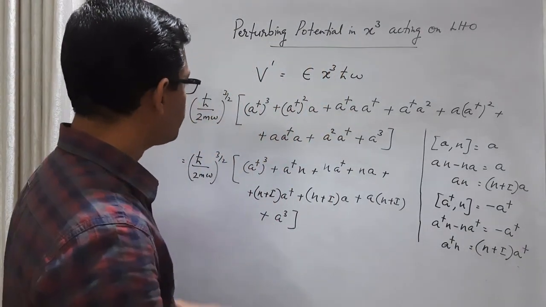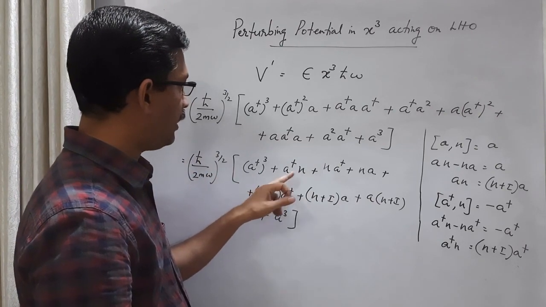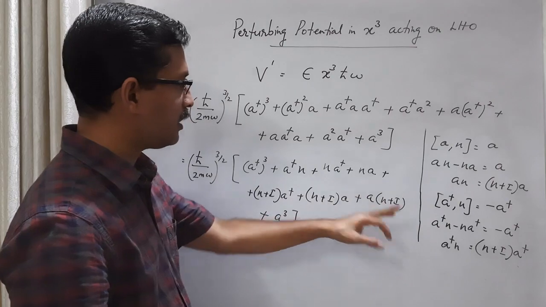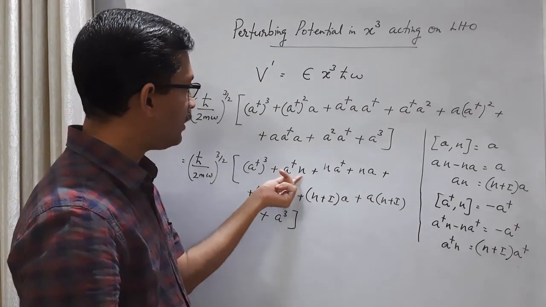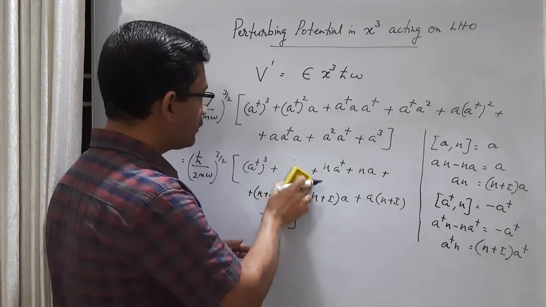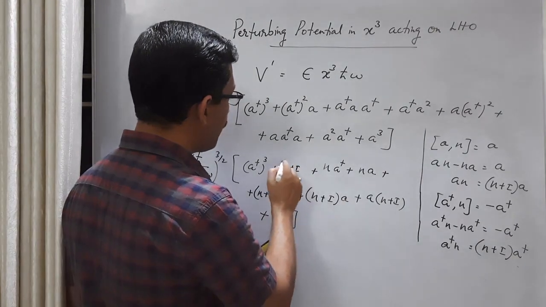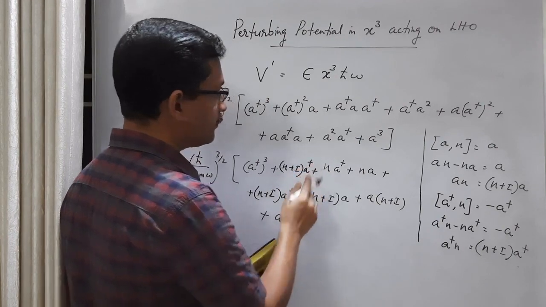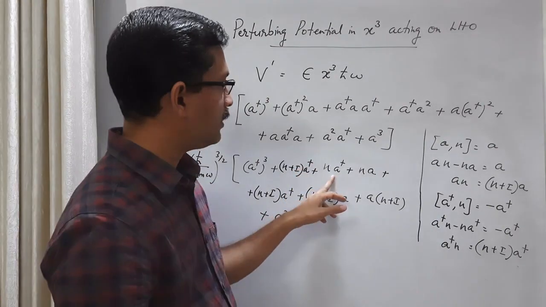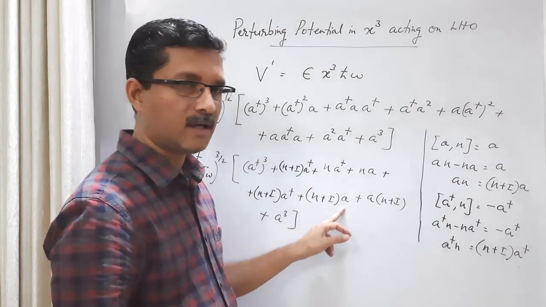Okay, I need these relations only in two terms. Here a dagger n is there. So instead of a dagger n, I can write what? n plus I a dagger. This is fine. Okay, a or a dagger is on the right side.